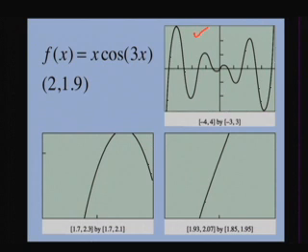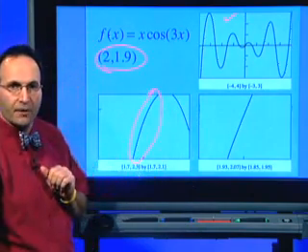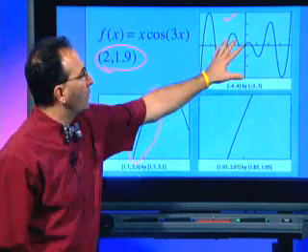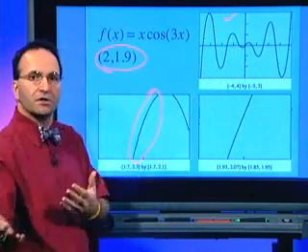But as we begin to zero in on the point (2, 1.9), look what's happening to the curvature of the line here. Compared to what we see over here, it's less curved.